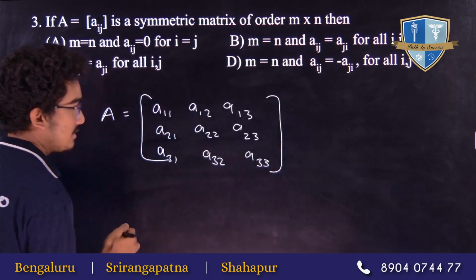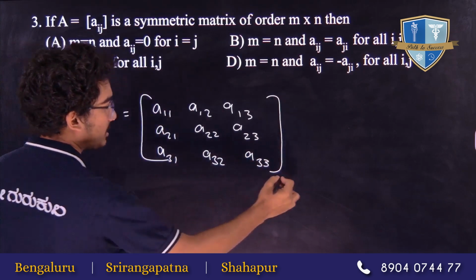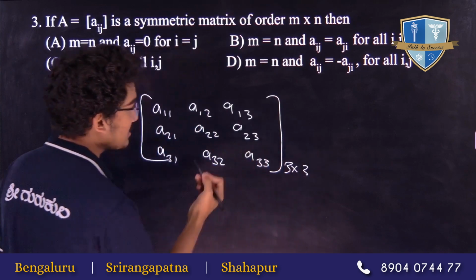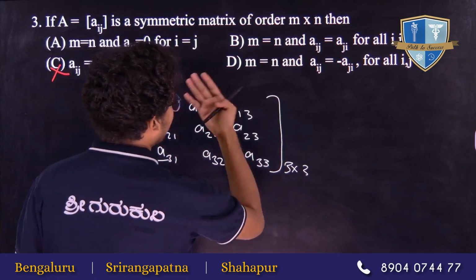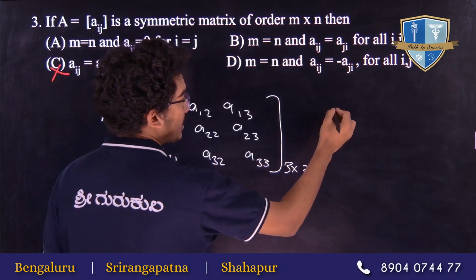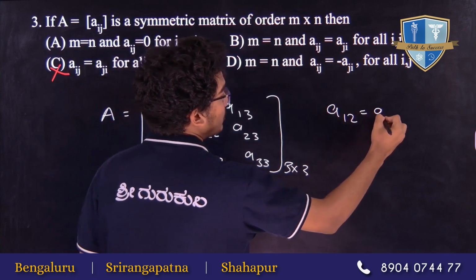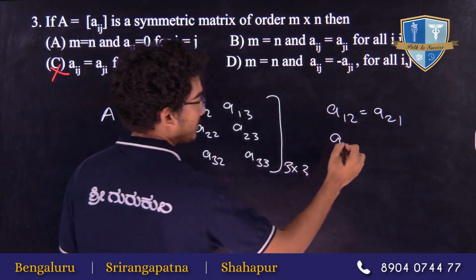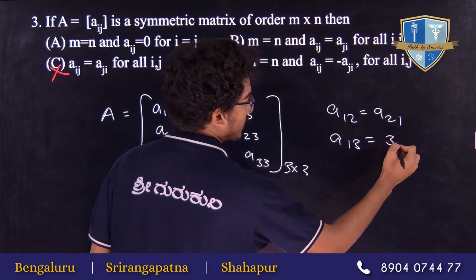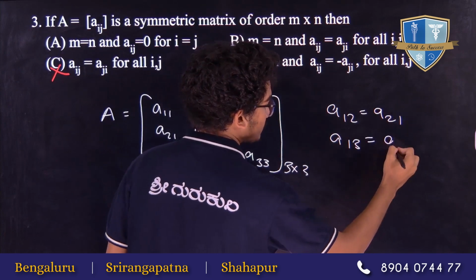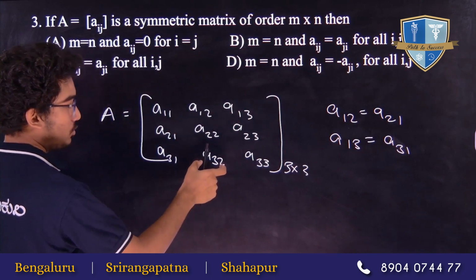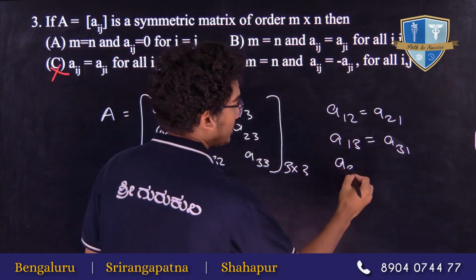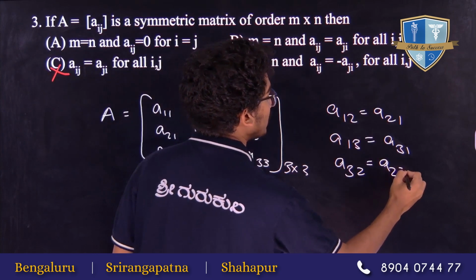If this is a square matrix, a 3 cross 3 square matrix, then it is a symmetric matrix when diagonally opposite elements are equal, means A12 is equal to A21, A13 is equal to A31, and A32 is equal to A23.